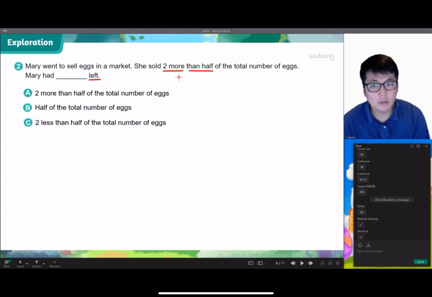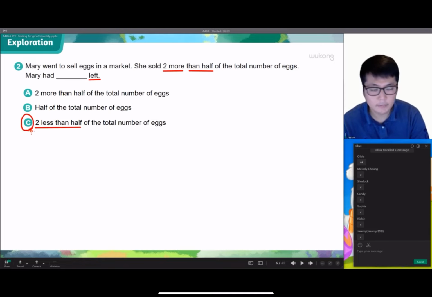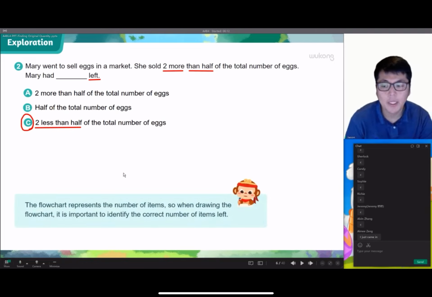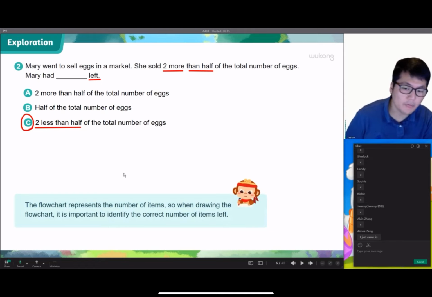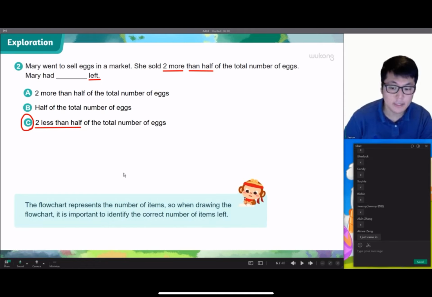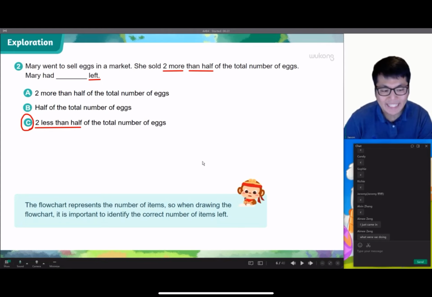So she sold 2 more than half, right? So you're going to have 2 less than half, okay? So that's how you do this one. And now, the flowchart represents the number of items. So when drawing the flowchart, it is very important to identify the correct number of items left.